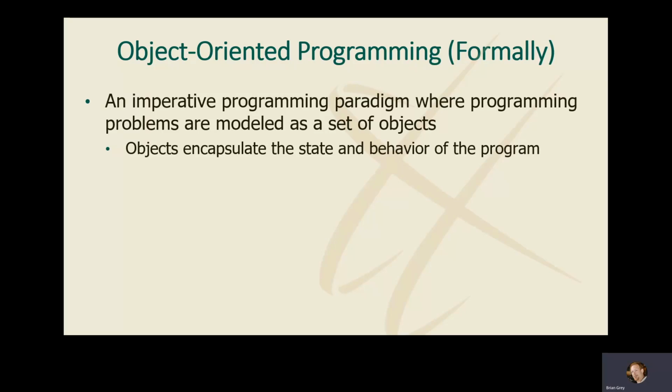Objects encapsulate both the state and the behavior of the program, right? State is the current condition of the program. So this is the values of the internal variables. And behavior are the actions that can be taken, right? These are your methods. These are the things you can do, right? In Python, on a string object you can call uppercase, right?